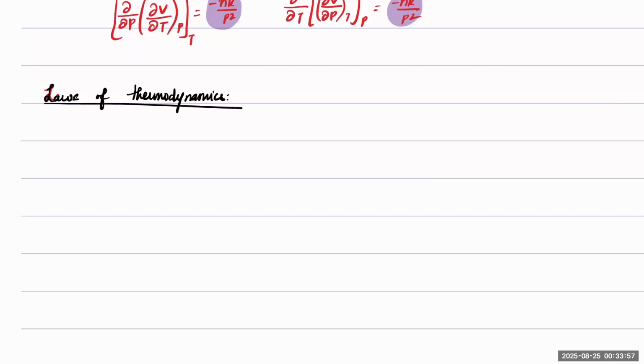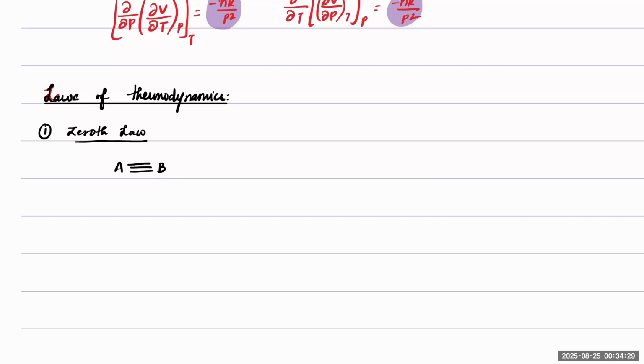Mainly, thermodynamics draws on four laws. First one is called the zeroth law. The zeroth law is usually applicable when you have thermal equilibrium. Let's say there are two systems, or one system and one surrounding.